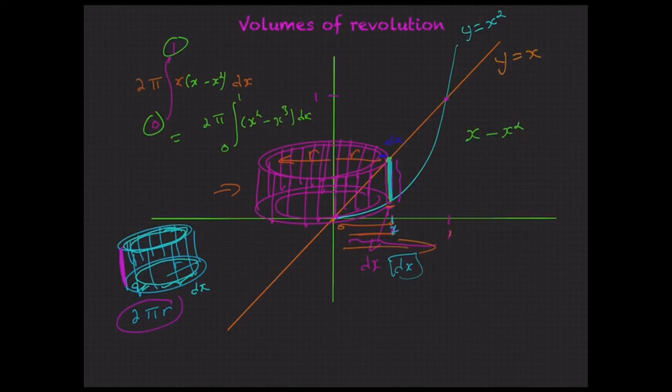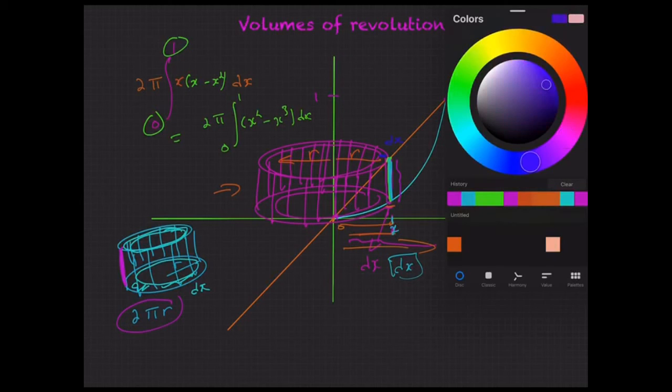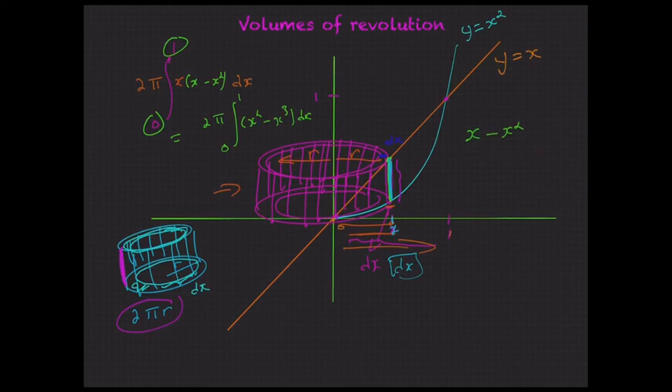And I piece that together by saying, okay, well, maybe I'll use this red. I haven't done red yet, I don't think. This is a radius, which gives me the circumference of the thing, and then the circumference is stretched up by the height, and the height is x minus x squared, which is this thingy.